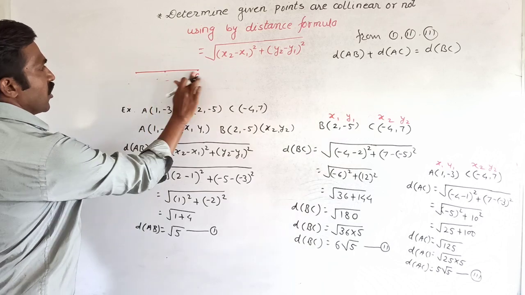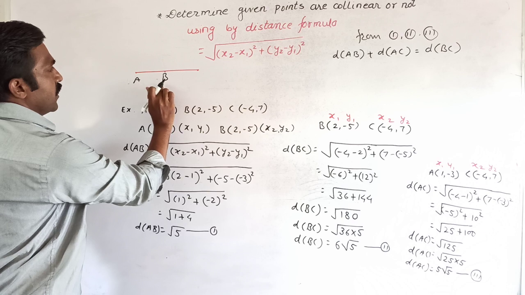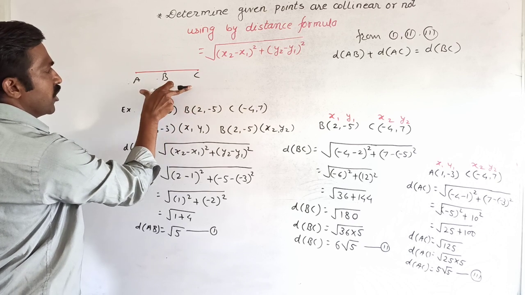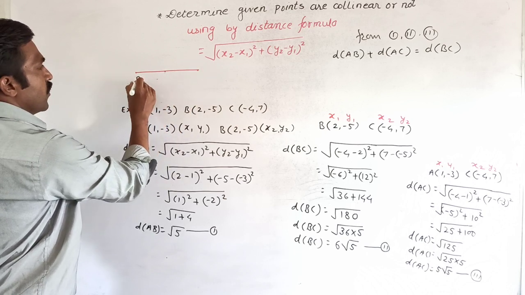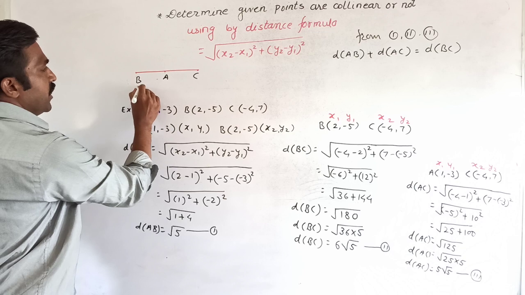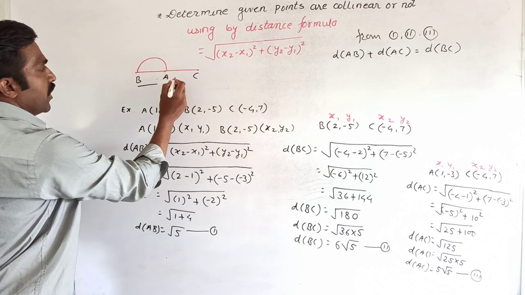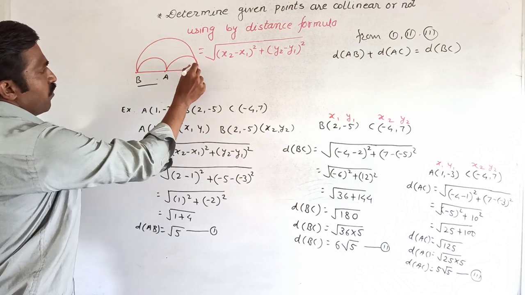Means the distance of AB plus the distance of BC is equal to AC. Otherwise, the distance of AB plus the distance of AC is equal to the distance of BC.